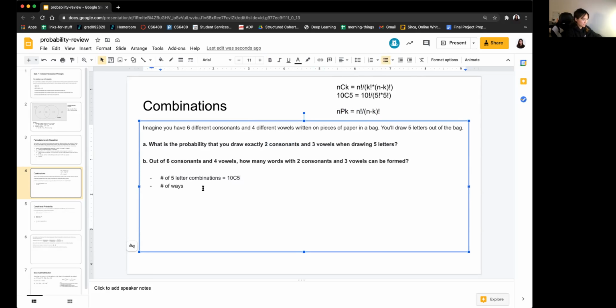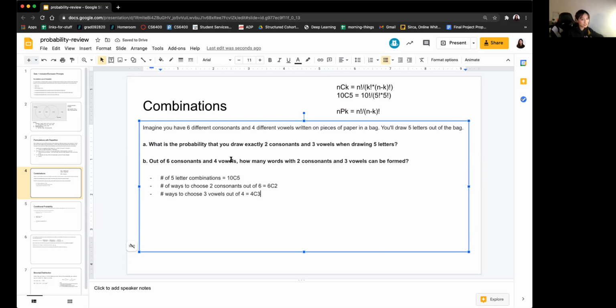That would just be 6 choose 2. And then finally, the number of ways to choose 3 vowels out of 4. That would just be 4 choose 3.